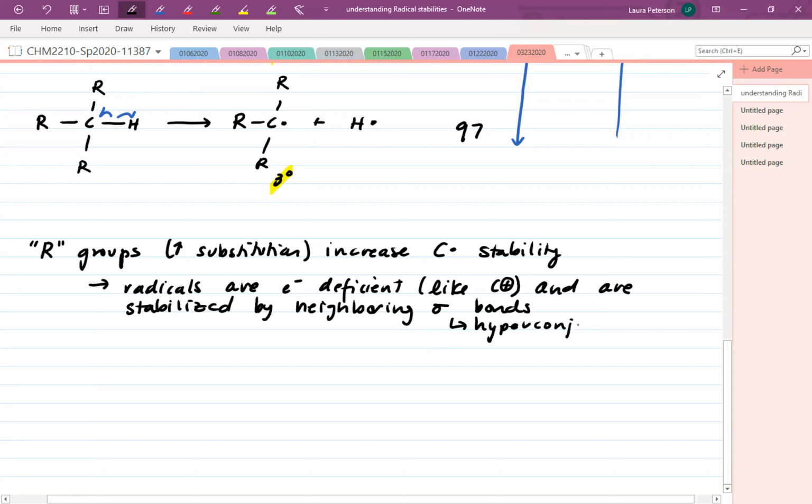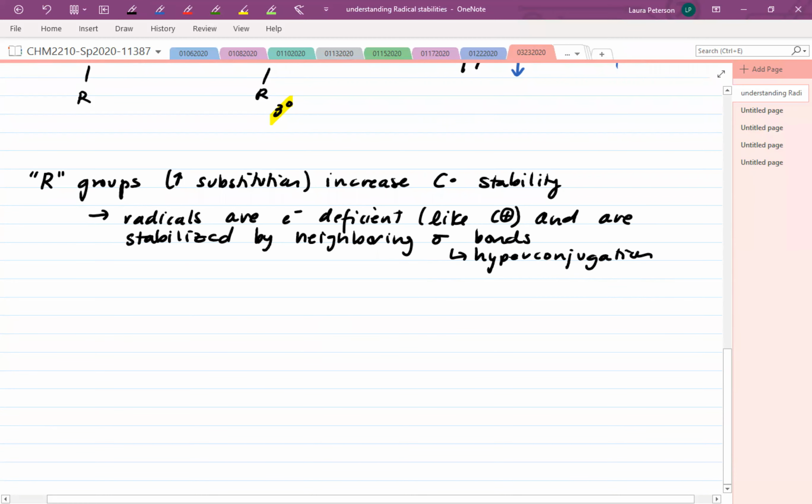I want to go ahead and look at a picture of that really quick because it might not be clear how hyperconjugation can operate here. We haven't actually talked about what the hybridization of a carbon radical is. The hybridization of a carbon radical is sp2, and that single electron, the radical, resides in the p orbital. So we have a p orbital with a single electron in it. Let's draw a generic radical and consider how this is much like hyperconjugation.